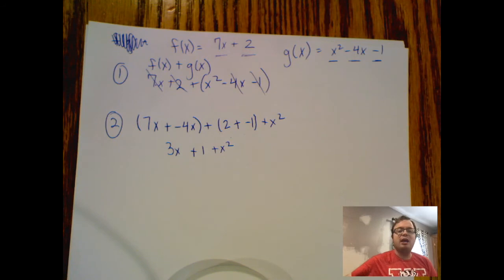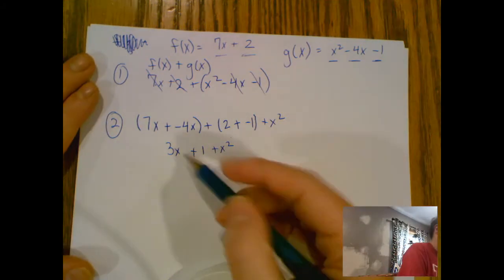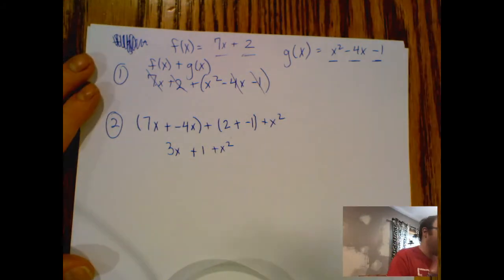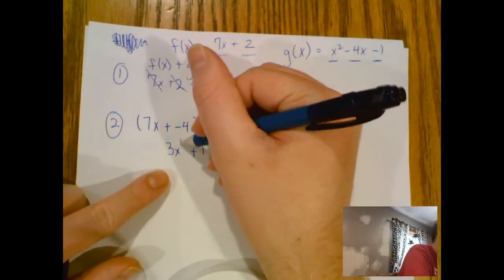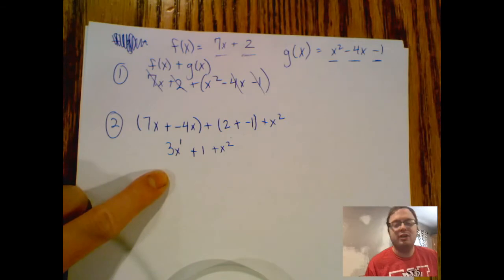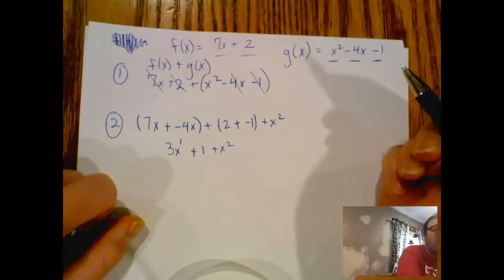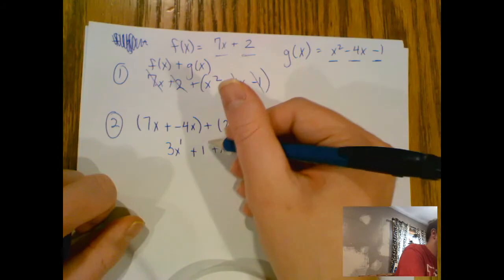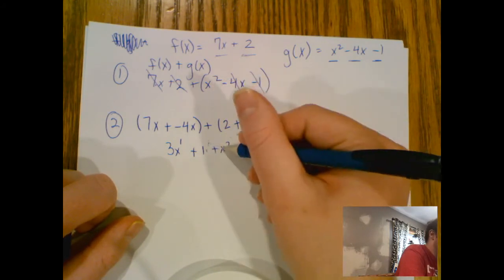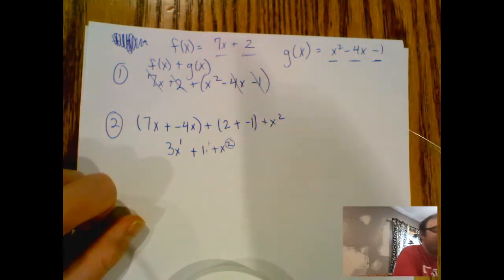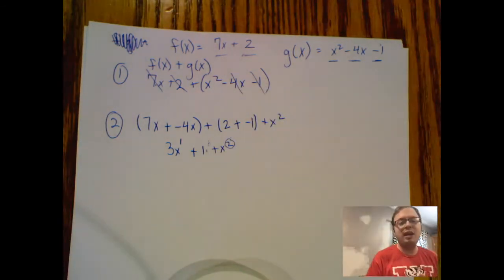I'm just going to say, given that we know what we know about degrees, I want this to be in descending degree, which means I want the highest degree first. Going over it again, what's the degree of 3x? That's just the exponent on x, which is 1. The exponent on 1 is x to the 0 power, so this has a degree of 0. And the degree of x squared is 2. Degree is just the exponent on x.